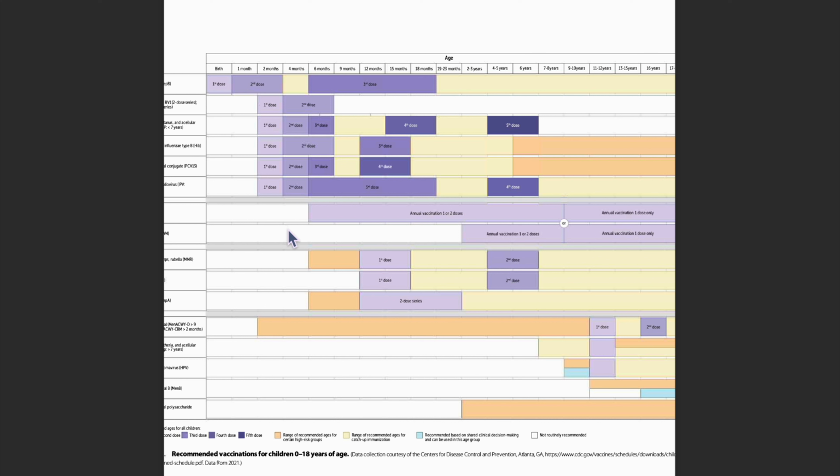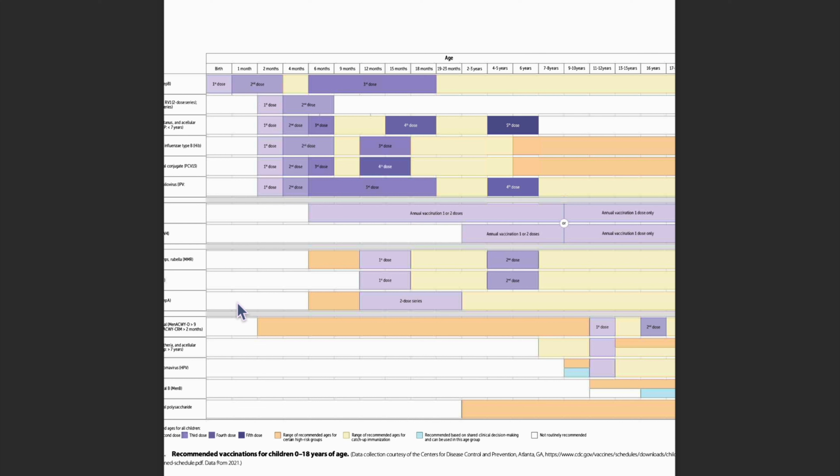Or you can have influenza LAIV4, it says. Annual vaccination at 19 to 23 months. Okay, so after 2 years, annual 1 or 2 doses, and after 8 years, annual vaccination 1 dose only.